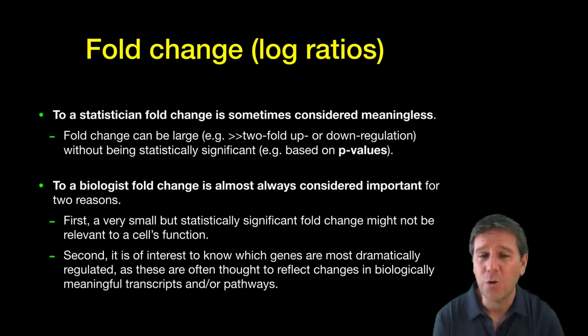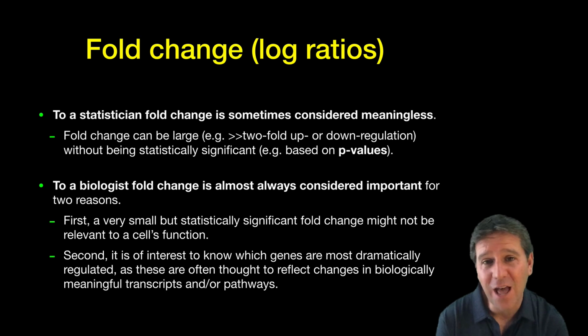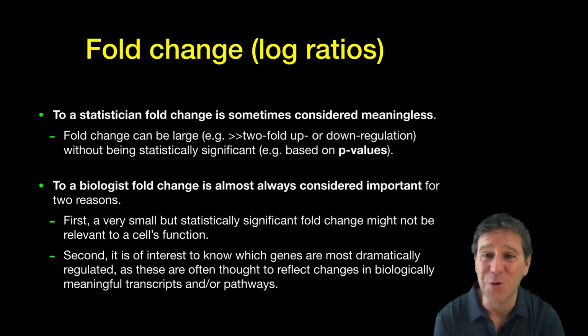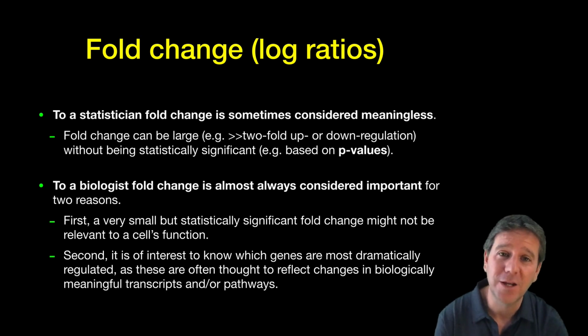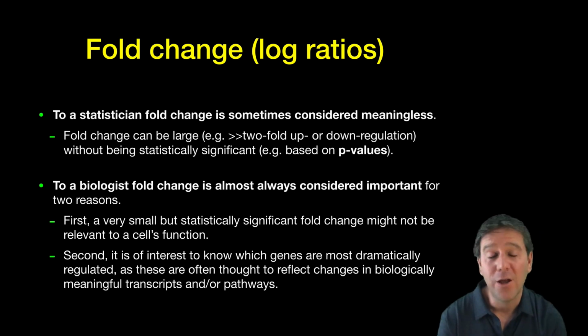At the end, what we'll arrive at is this happy intersection of fold change and significance estimates that keep both our inner statistician happy and our inner biologist happy too, right? Remember that, of course, fold change can be large, like twofold up or twofold down regulation, without being statistically significant based on those p-values, for example.